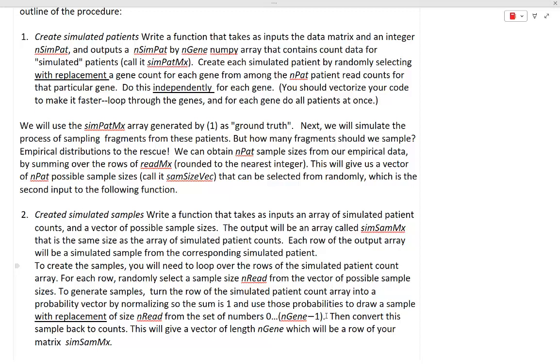Now, you should test your functions one by one, and there are various things you can test to make sure it's correct, make sure the sums are correct, make sure the values are correct, etc. So please test with a small data matrix, and then you can apply it to a larger data matrix.